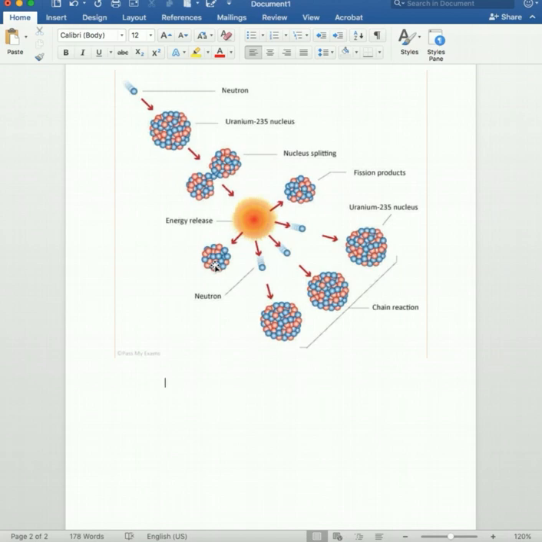The problem at the moment is that we are putting in as much energy to make the reaction happen as we are getting out of the reaction, because in order to make the reaction happen, the principal way we do it is to heat the whole thing up to 100 million degrees centigrade.